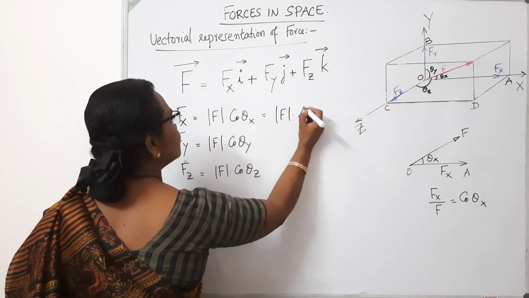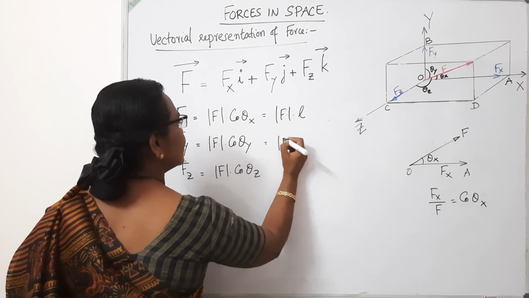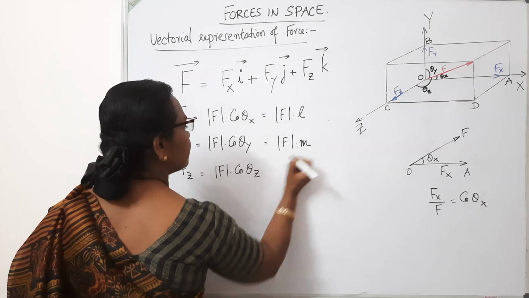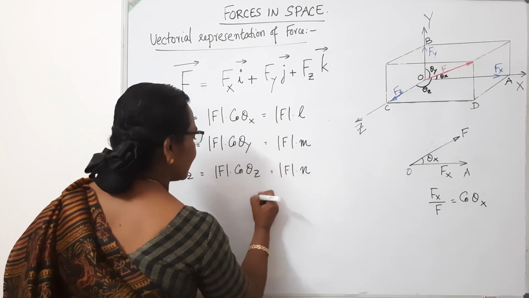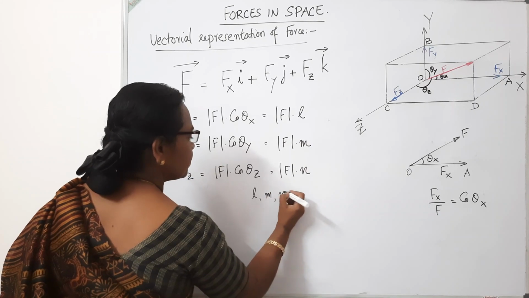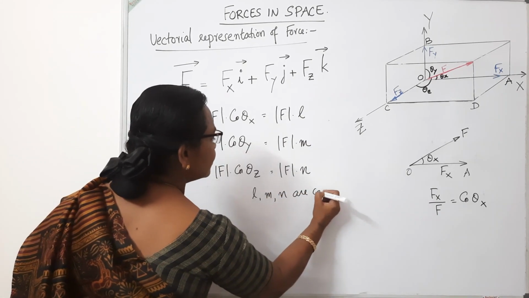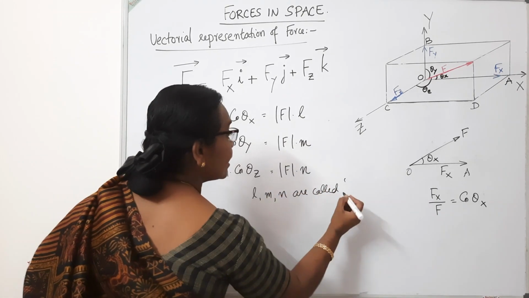Or this can also be written as, this cos theta x is usually written as L, so F into L, F into M, F into N, where L, M, N are called direction cosines.